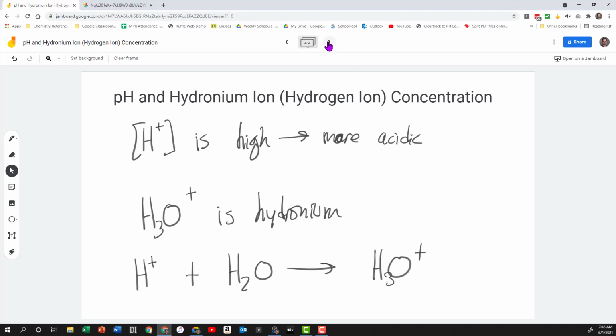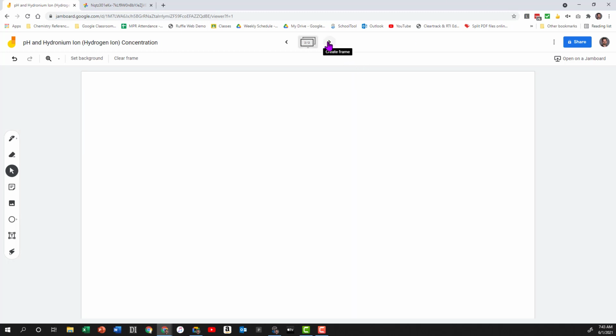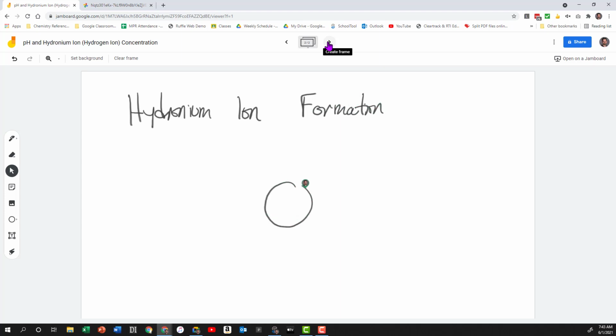So if we were to see what an H plus ion or a hydronium ion looks like, if we look at a dot structure of water, we know that the oxygen atom has 6 valence electrons, arranged like this. Then hydrogen atoms attach to it with a covalent bond and bring their own electrons.